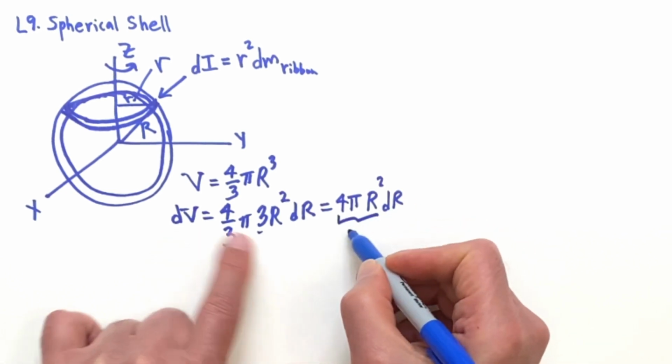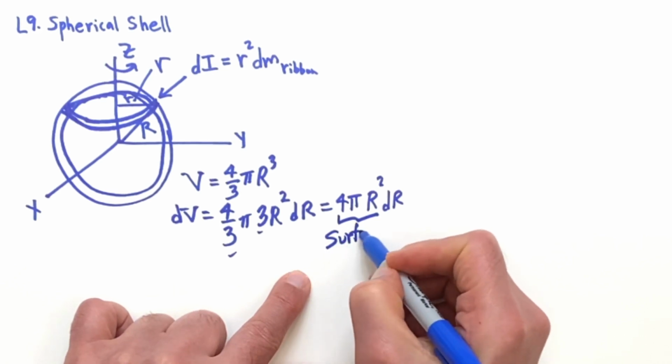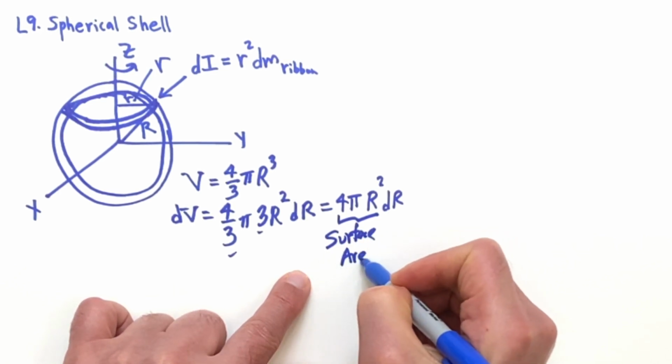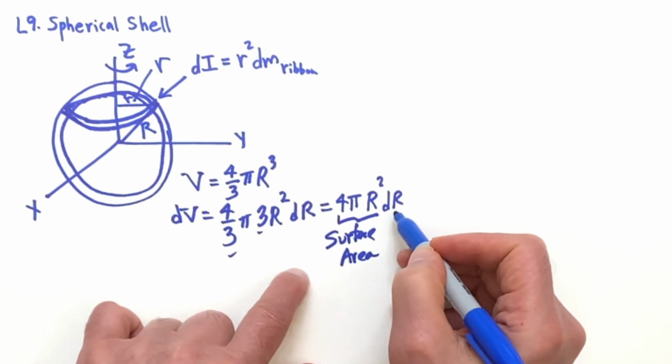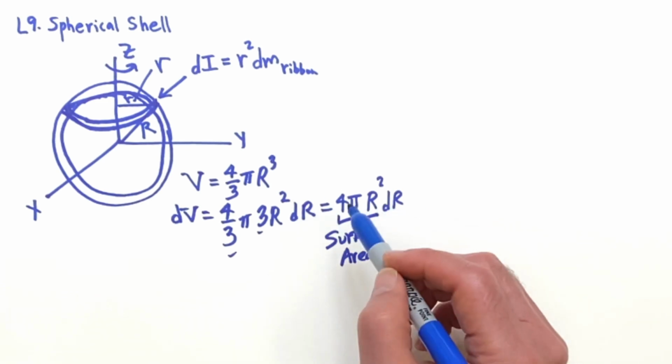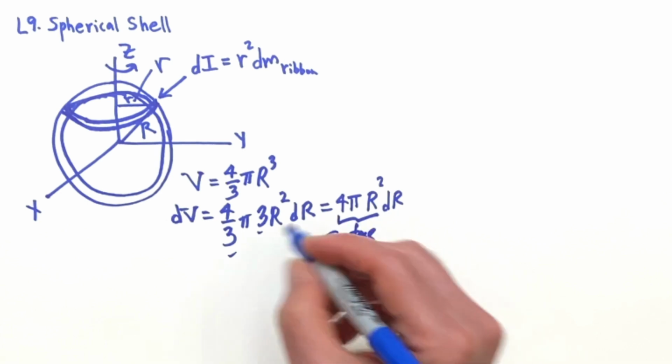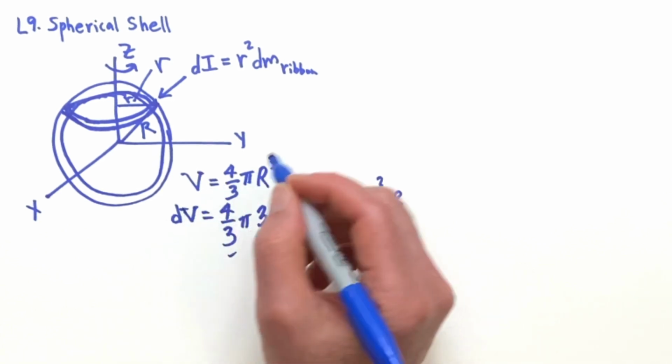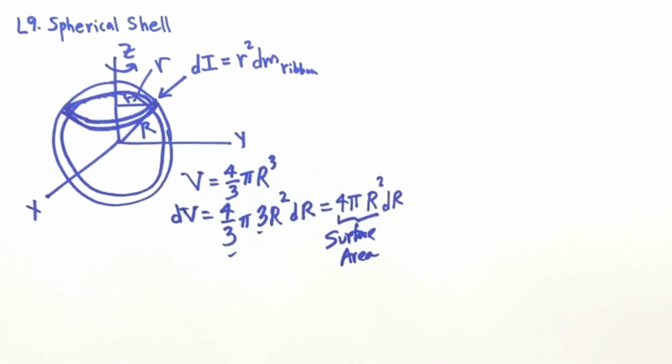So this has to be your surface area, and this is the thickness of the shell. That's very quickly derived from the volume taking a differential.